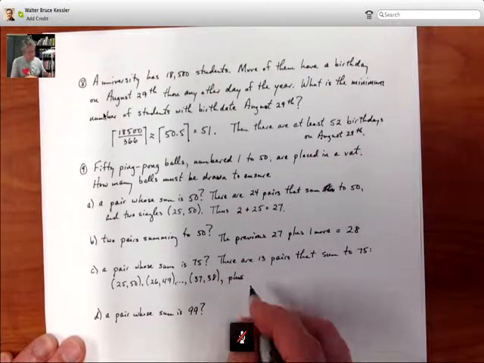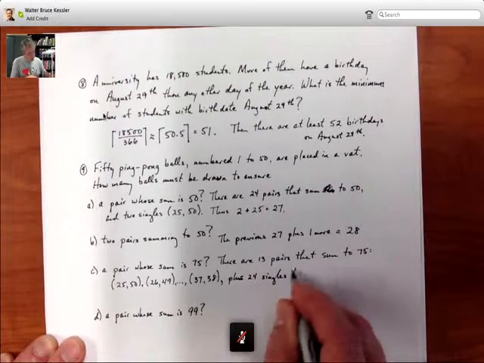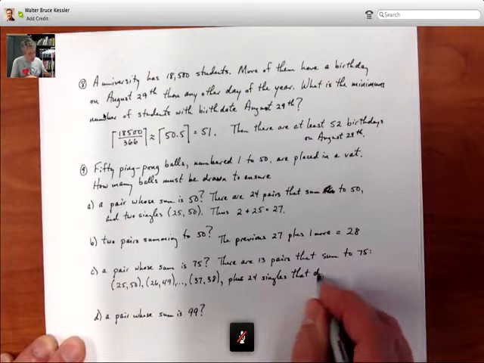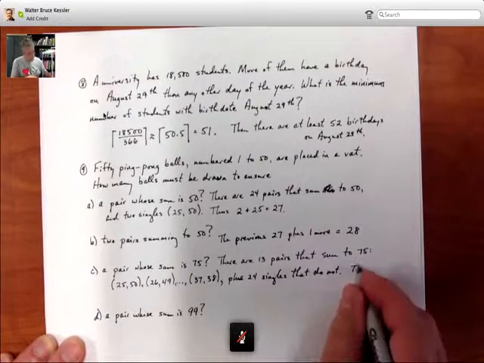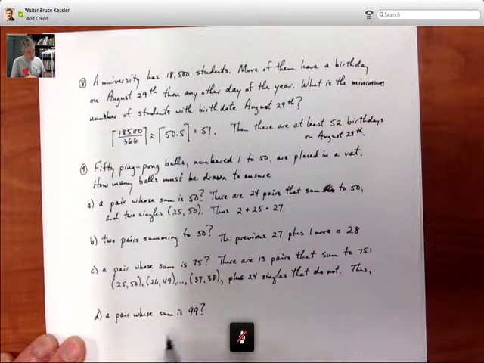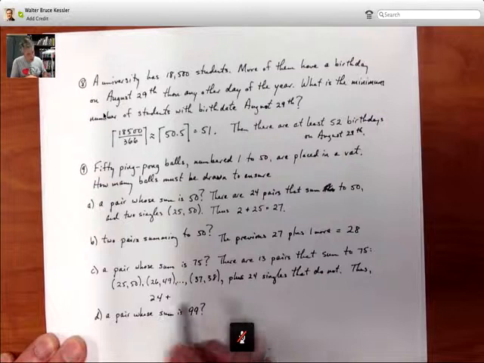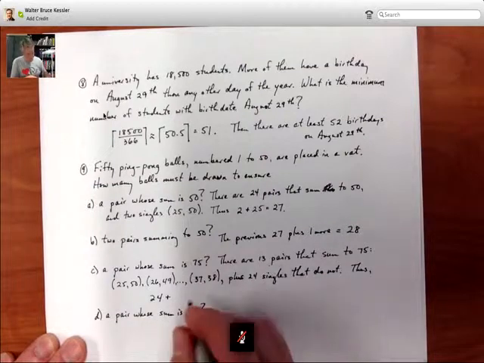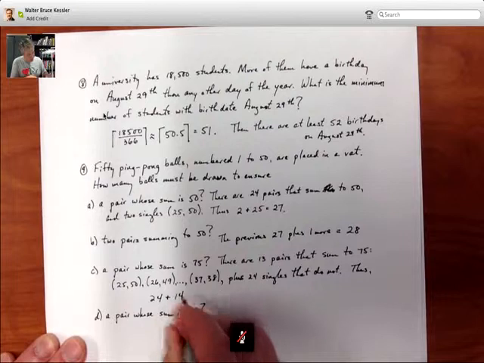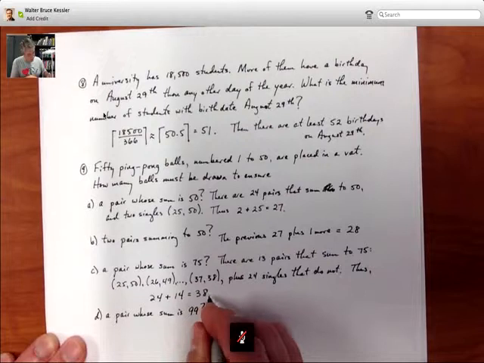Plus, that's 26 of those numbers, which means there's 24 singles that do not. Okay? Thus, worst case scenario, I'd have to have those 24 and then 14 others, right? 13 plus 1. So I think that works out to be 38.